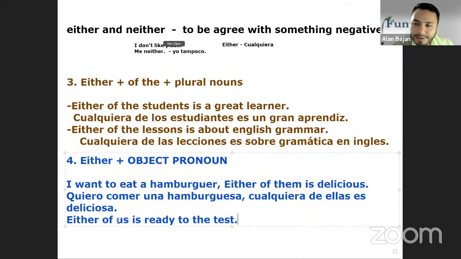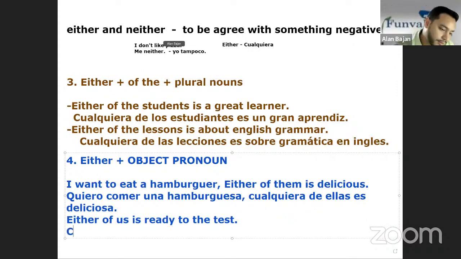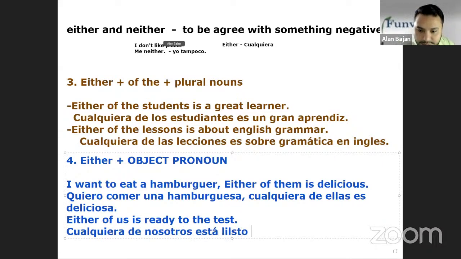What is the object pronoun here? Us. Either of us is ready for the test. So, this is cualquiera de nosotros está listo para el examen.